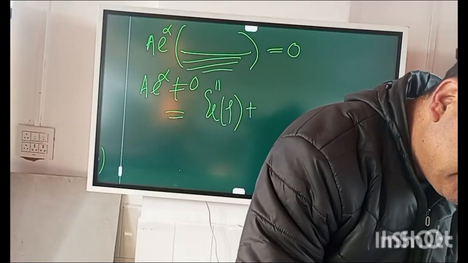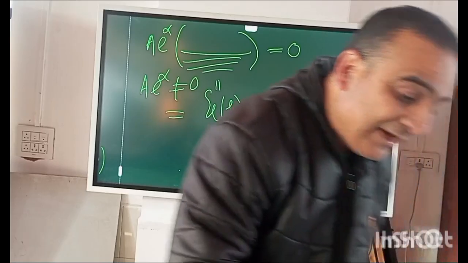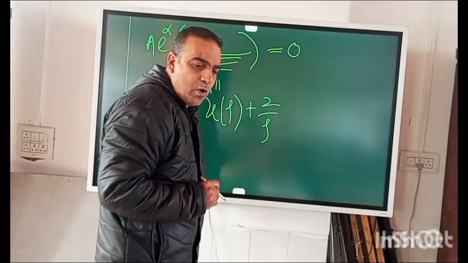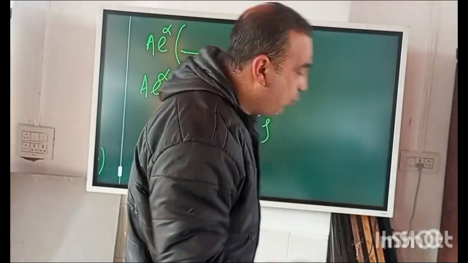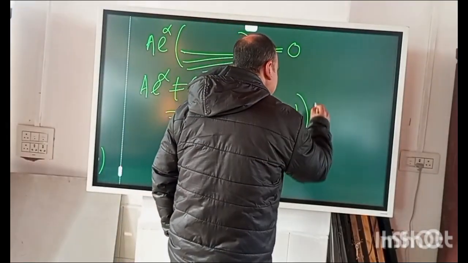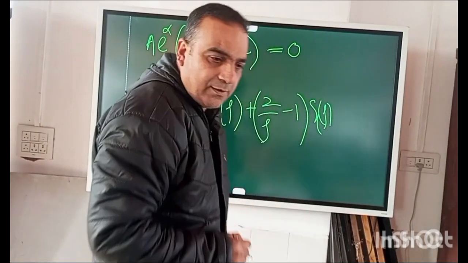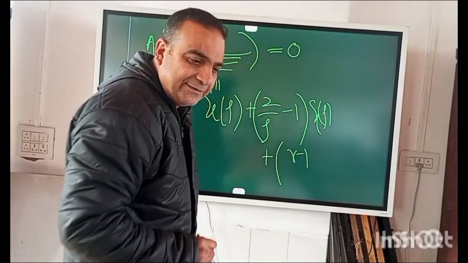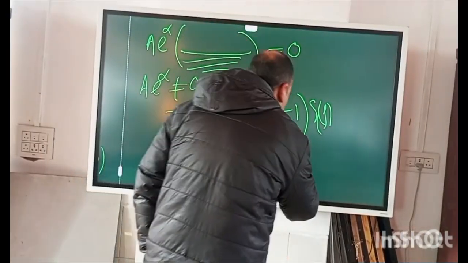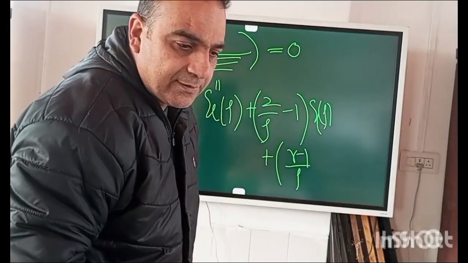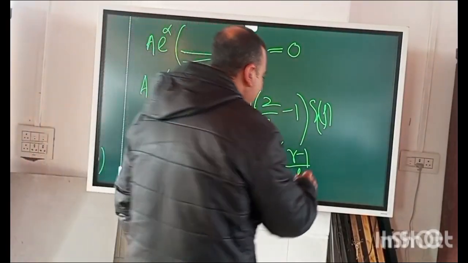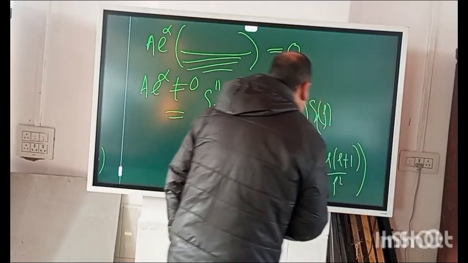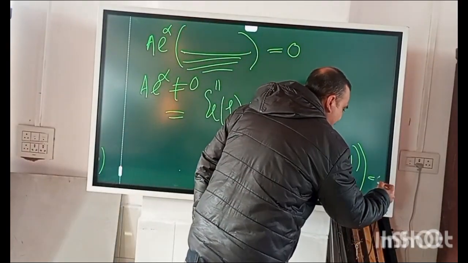So I'll get zeta double dash of rho, plus 2 by rho minus 1, times zeta of rho, and then plus gamma minus 1 divided by rho, minus L times L plus 1 divided by rho squared, and this thing is equal to 0.